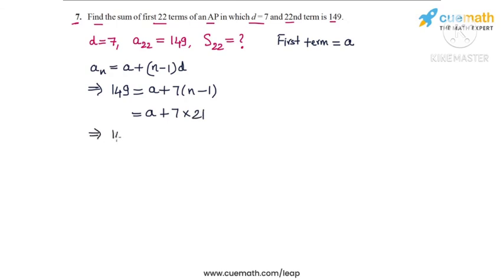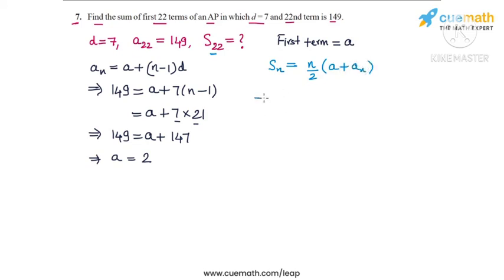So we get 149 is equal to a plus 7 into 21, that's 147. And this means that a is equal to 149 minus 147, or 2. So the first term of the AP is equal to 2. Now it's straightforward to find S22. So for that purpose, we are going to make use of the relation Sn, the sum of n terms, is equal to n by 2 into a plus the last term, or the nth term.